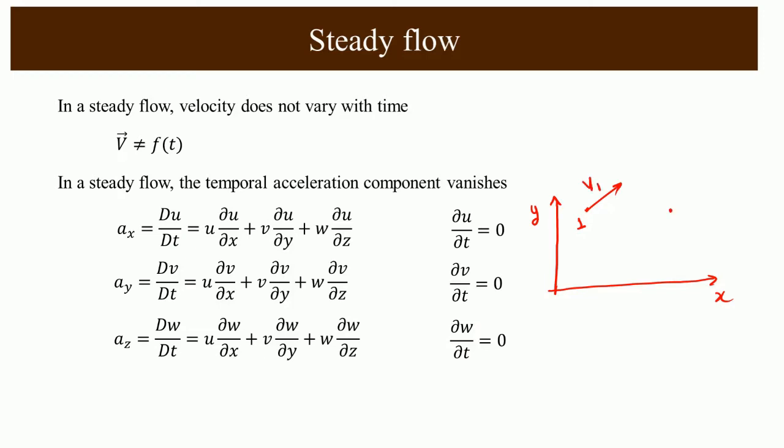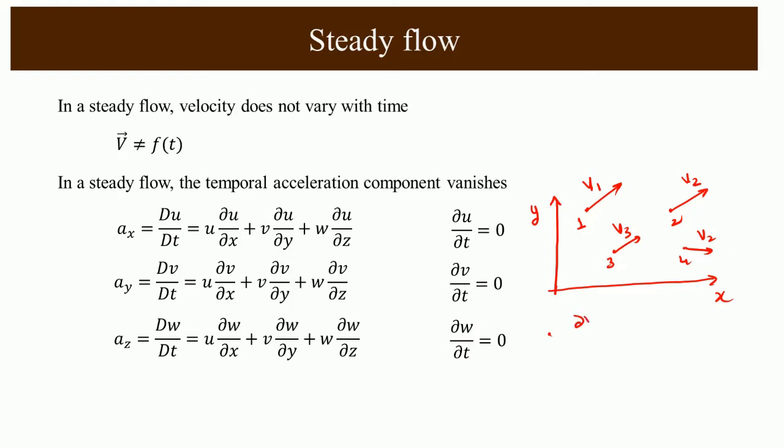The velocity at any other point v2 may be different from v1, and v3 might be different from v1 and v2. v4 might be different from these. The velocity magnitude and direction may be different at different points in the flow field, but at every point in the flow field, the velocity does not change with time.